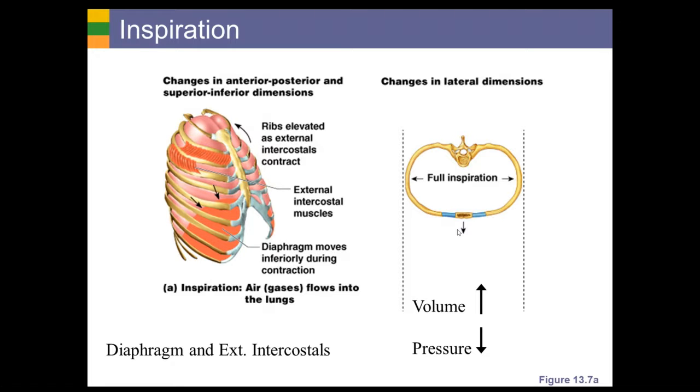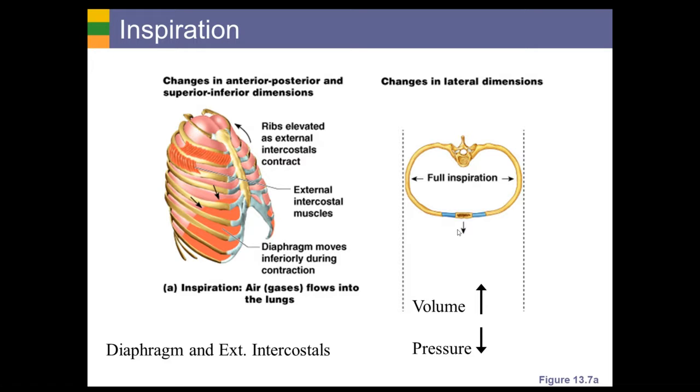As volume increases, what happens to pressure? It decreases. As your diaphragm fell, your sternum moved anteriorly and your rib cage was raised, volume increased and pressure decreased. If pressure in the thoracic cavity decreases, it becomes less than pressure outside the body, and so air simply moves from high pressure to low pressure. That's what happens when you inhale.